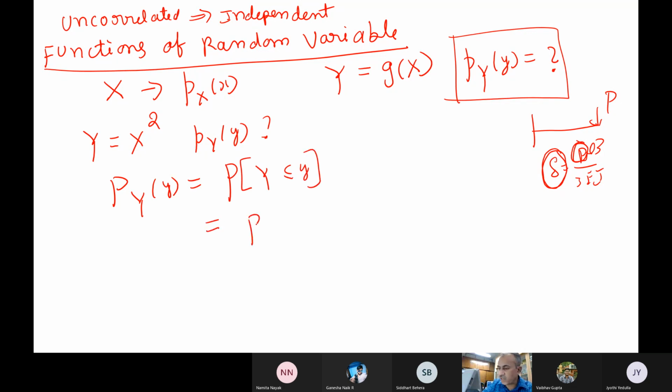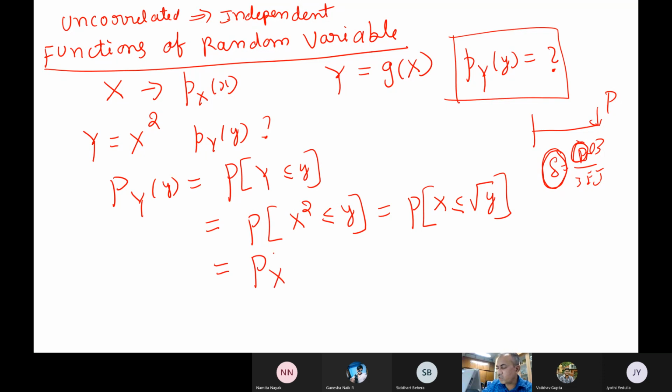This is the same as saying x squared is less than or equal to y, or x is less than or equal to the square root of y, which is nothing but the distribution function of x, the integral from 0 to root y.